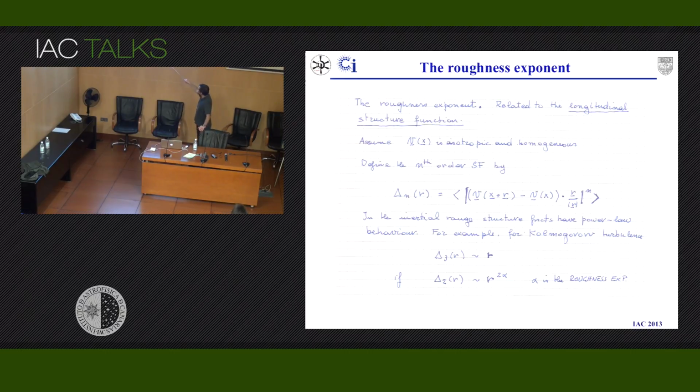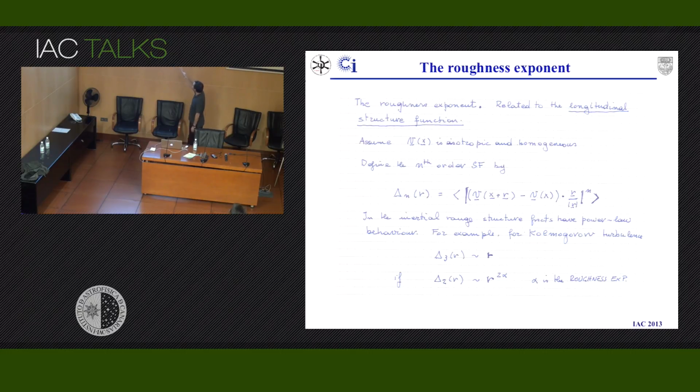So the second order structure function goes like r to the 2 alpha, and alpha is called the roughness exponent. Why is that? Well, let's suppose that alpha is equal to 1, then the square of a velocity difference just goes like r squared. That's a smooth velocity. Why is that? This is a velocity difference.